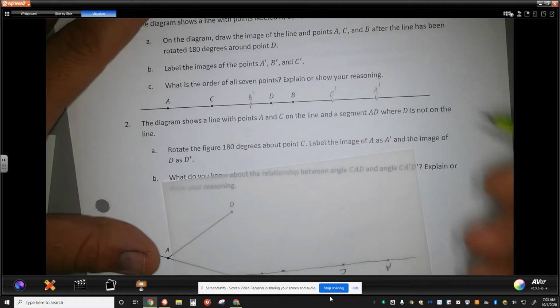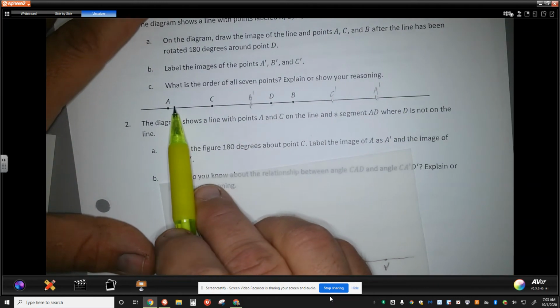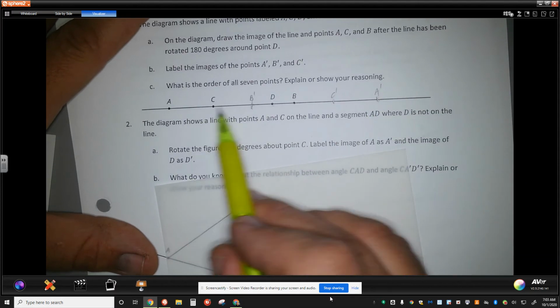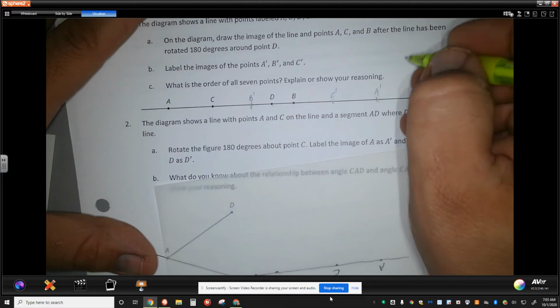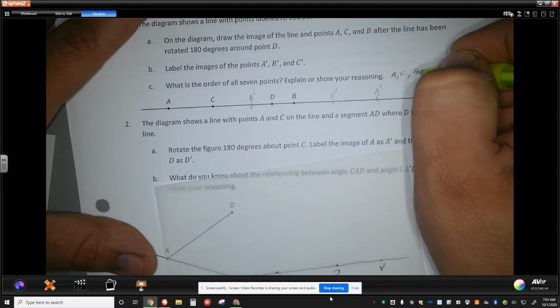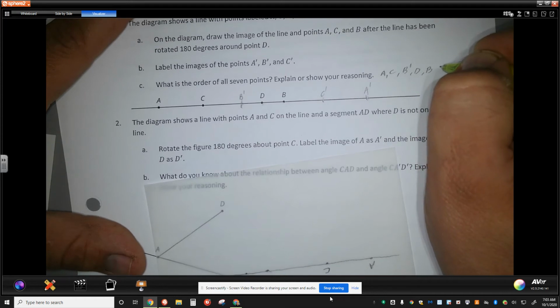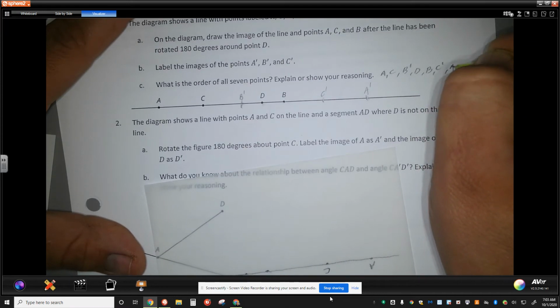So what are all 7 points in order? Explain or show your reasoning. Well, I'm going to talk about my graph here, and I'm going to say, as you can see in my graph, the order is A, C, B prime, D, B, C prime, and A prime.